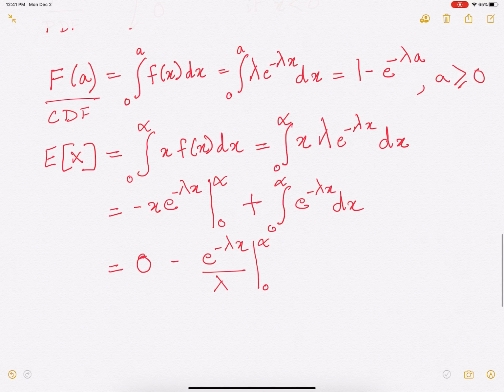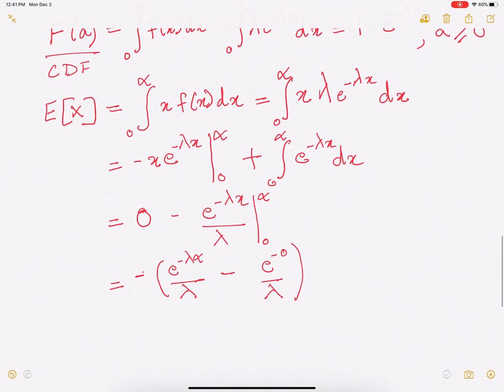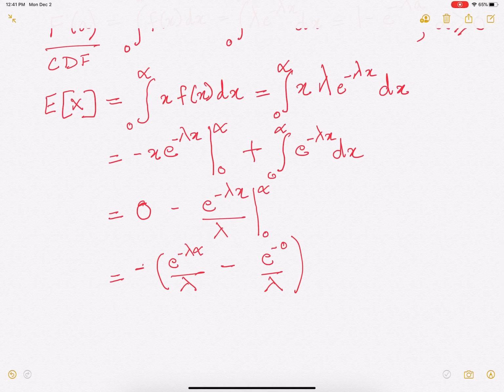Now let's see what happens when we put in the values. If you put in the value of infinity, we get e to the power minus lambda times infinity, minus e to the power minus 0, all divided by lambda. Now e to the power minus lambda infinity will evaluate to 0.